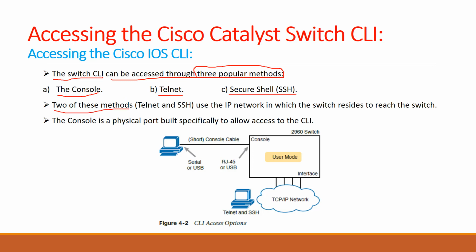Two of these methods, Telnet and SSH, use the IP network in which the switch resides to reach the switch. What does this mean? It means that you can use a PC with a terminal emulator, type the IP address of the switch, and through the TCP/IP network, you can access the switch command line interface.